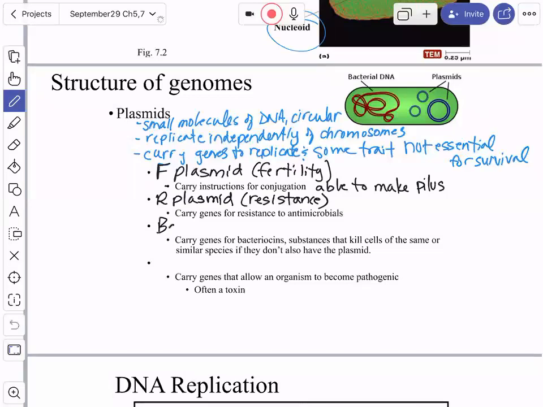There are plasmids you probably haven't heard of, bacteriocin plasmids. Organisms that have bacteriocin plasmids can secrete bacteriocins. These are substances that kill cells that are the same species or a very similar species to that cell.